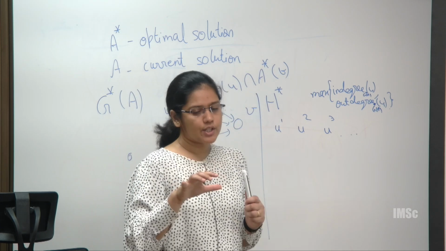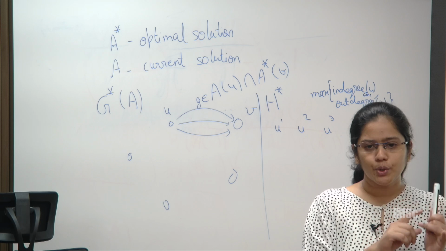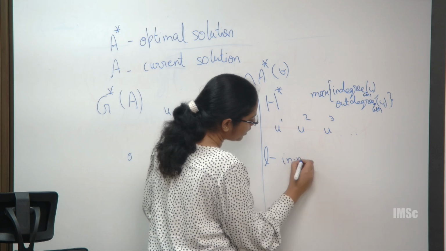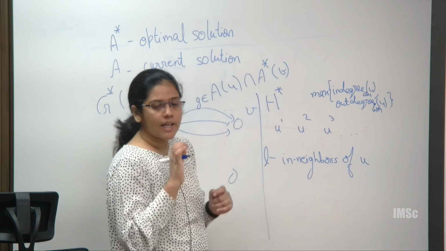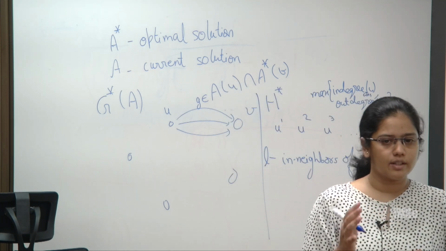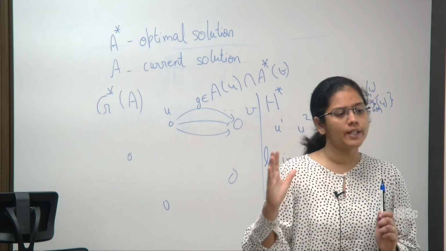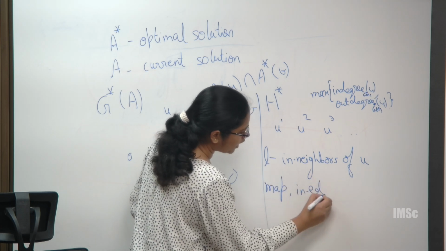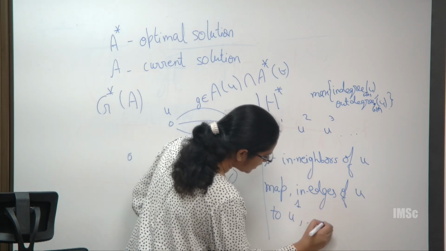Now, look at the arcs coming into U. Let us say there are L many arcs coming to U. It means that the in degree of U is L. Let us map these in edges of U to U1 to UL.